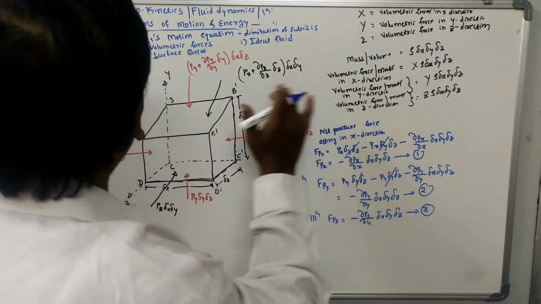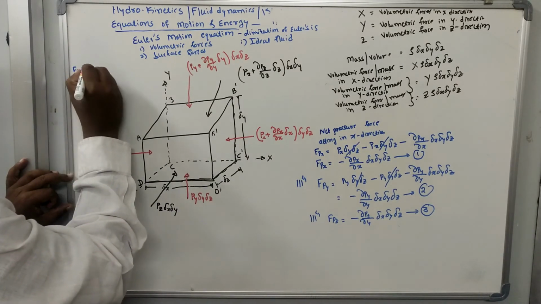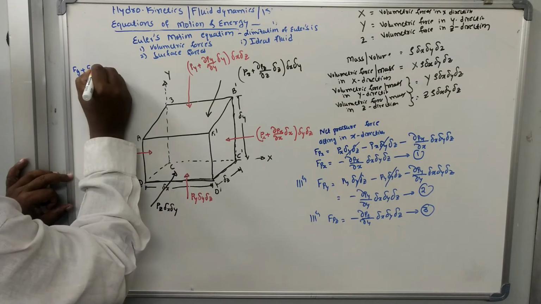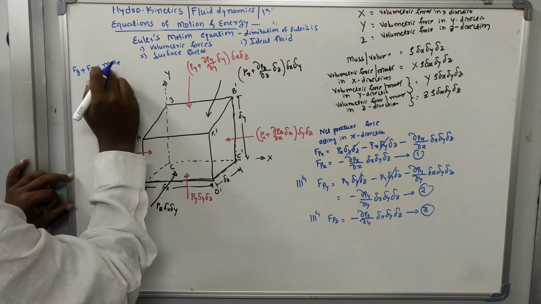As per Euler's equation, Fg plus Fp is equal to m a.